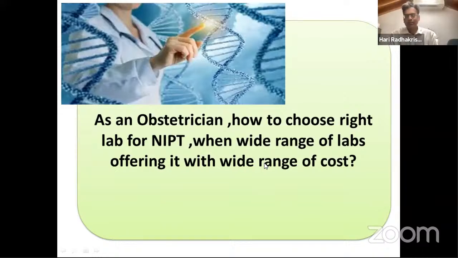It's not about the technique, because at the end of the day, we are all doing a statistical measurement. If I'm getting 100 fragments and I know my fetal fraction is 4, then I know that 4 out of the 100 fragments, let's say I'm fudging the math a little bit here, are coming from the fetus, and 96 fragments are coming from the mother.